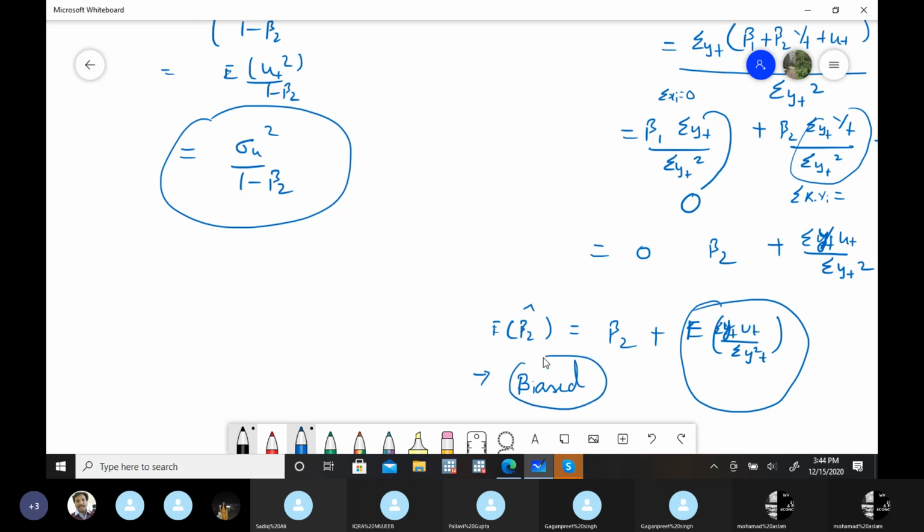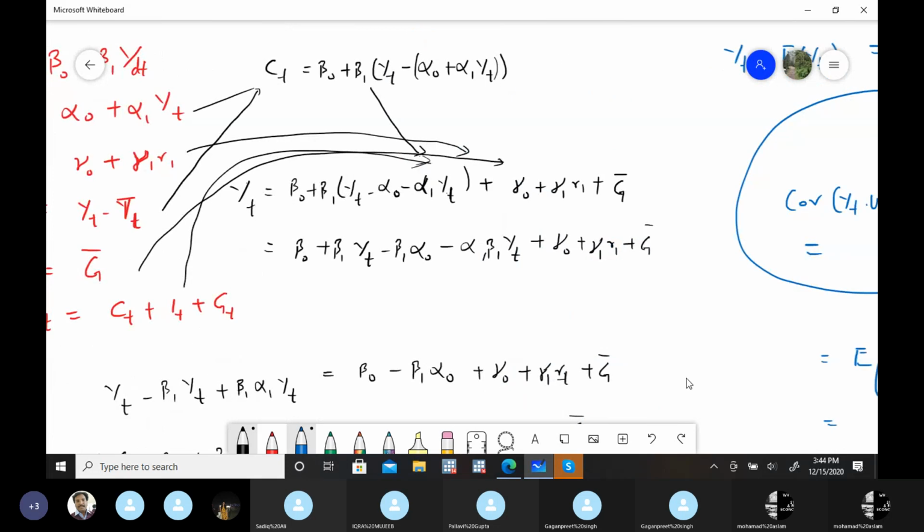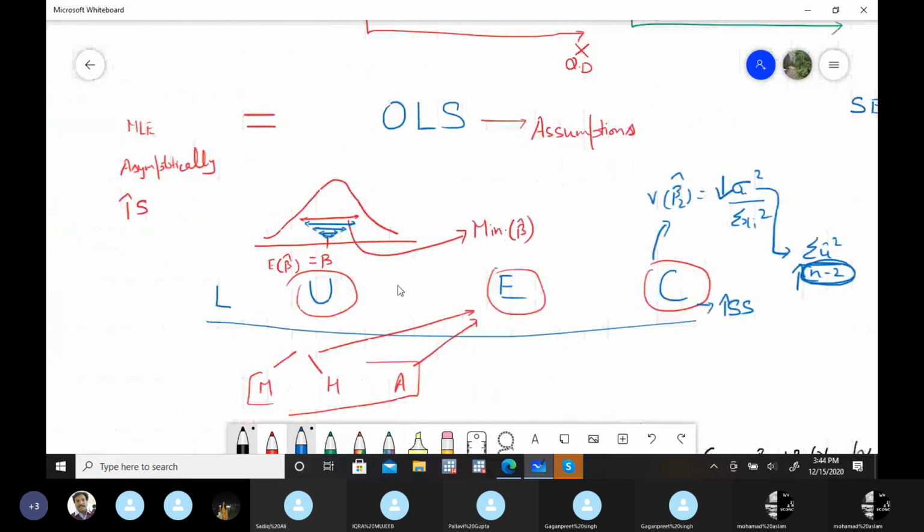Now what biased means is that on average, these sample estimates are not equal to the population value. Many times results are biased, but with an increase in sample size they become unbiased.